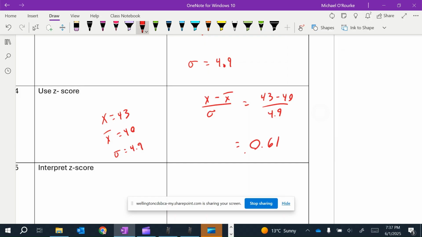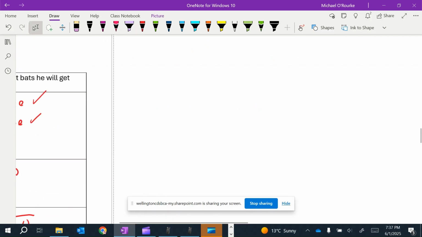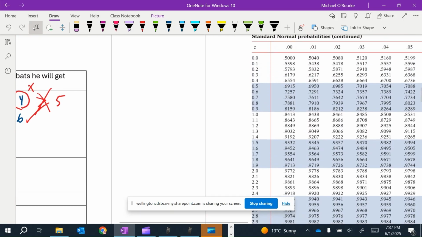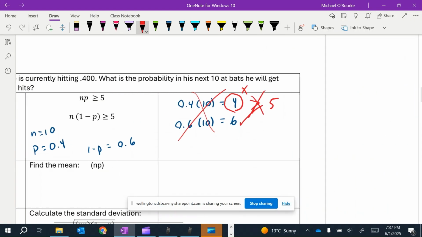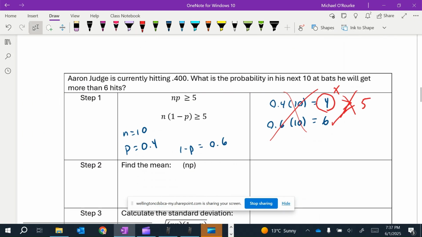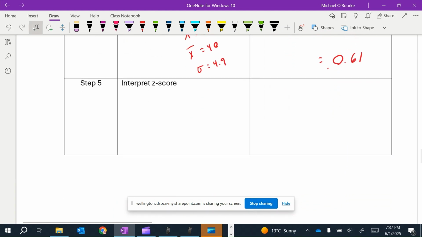So let's go to my z-score and find 0.61. Let's go, 73% there. So 73%.